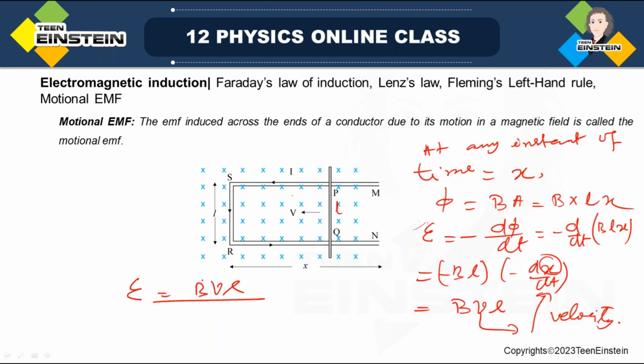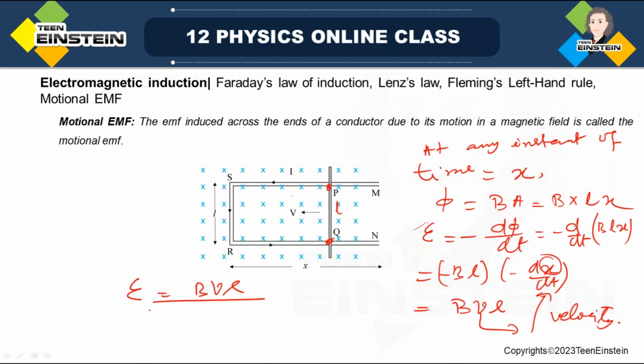So what is the motional EMF we have got? I'll just recap. The EMF induced across the ends of the conductor is BVL.